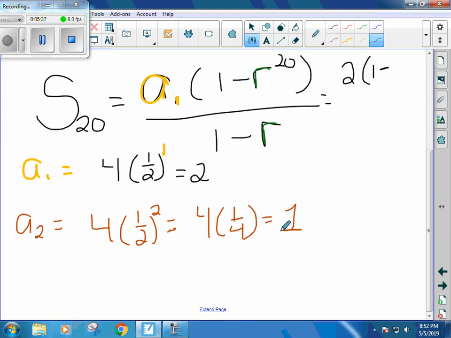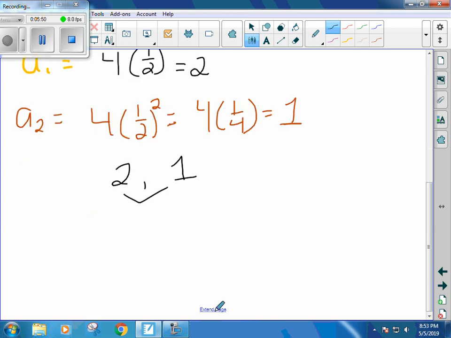So if I want my ratio, here's two terms in the series. The first term is 2, the second term is 1. What do I multiply to get from 2 to 1? It's 1/2. So you don't have to do that every time, but just to show you, it's this value.